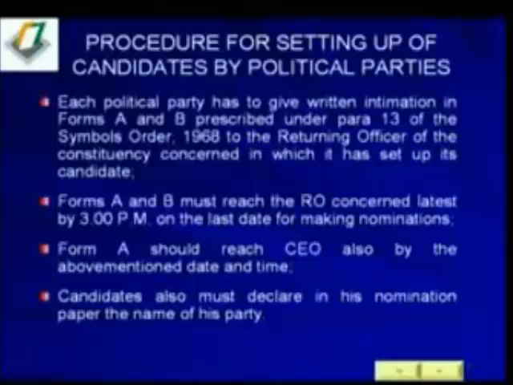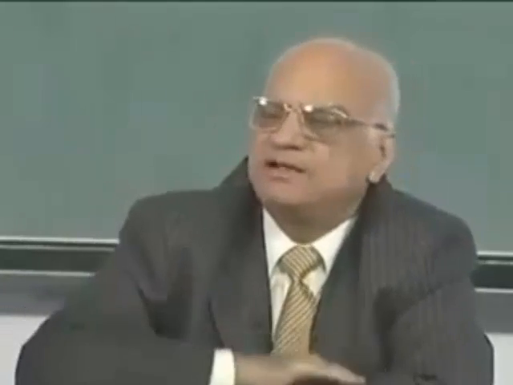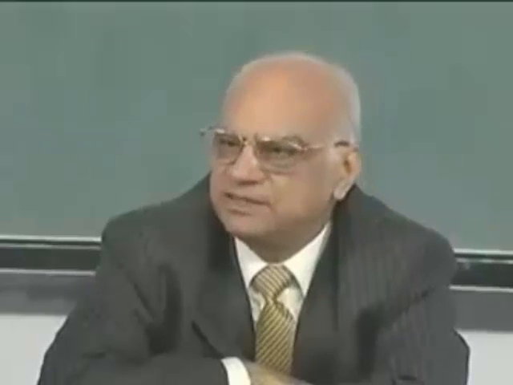This will apply not only to the recognized parties but also to the unrecognized parties, because when unrecognized parties contest and when we calculate the votes polled by their candidates, we should know who are the candidates set up by that party. So the same procedure they also have to follow if they feel that this man should be treated as a candidate of our party. So there are basically three very special requirements under that para 13.